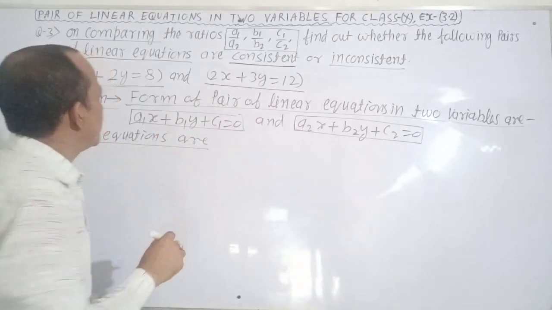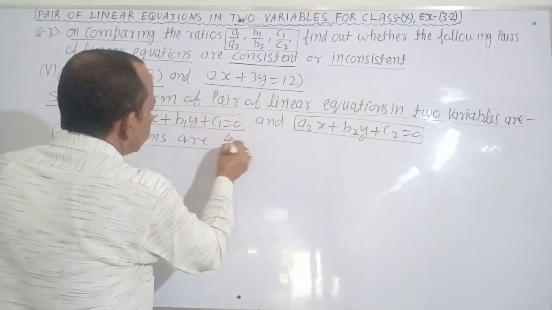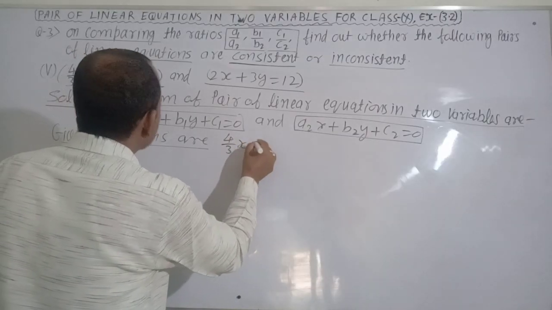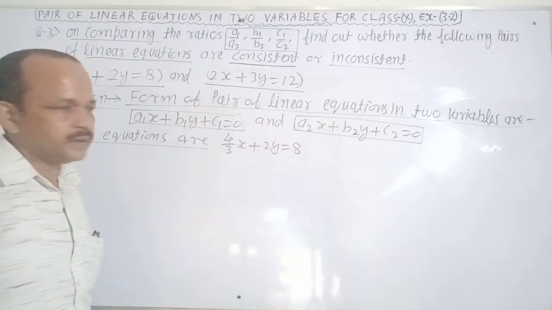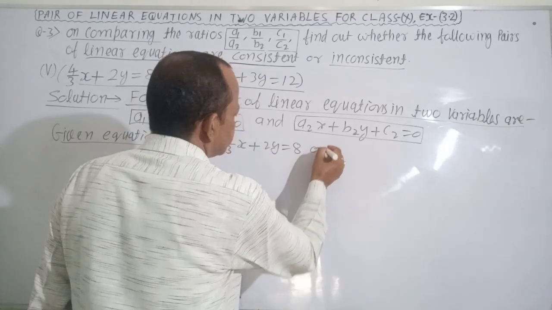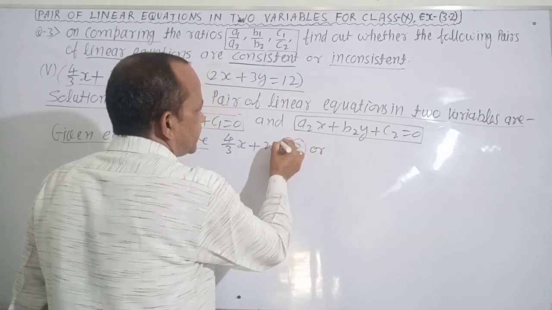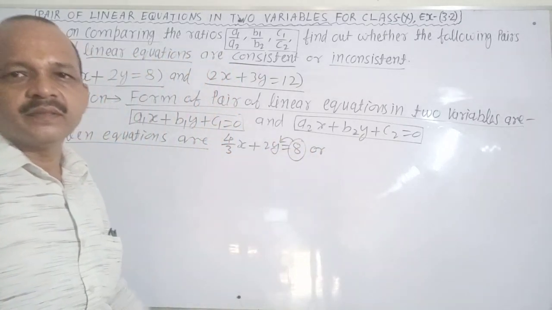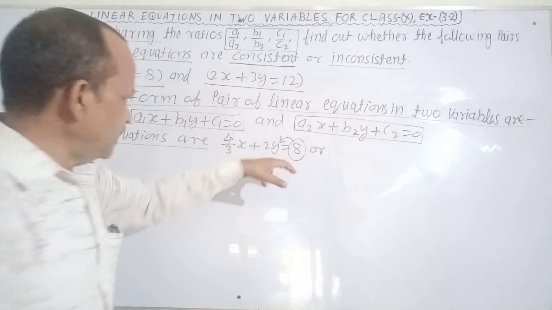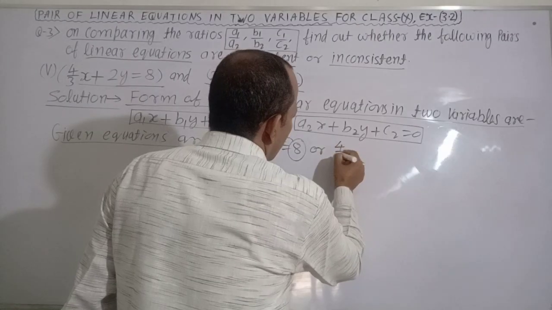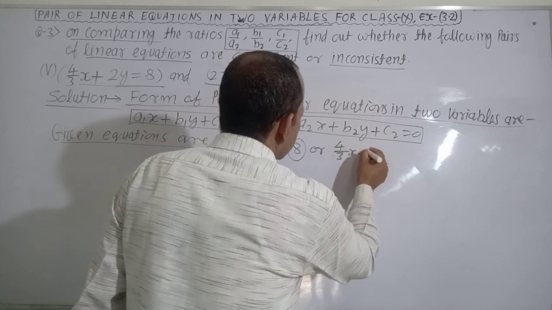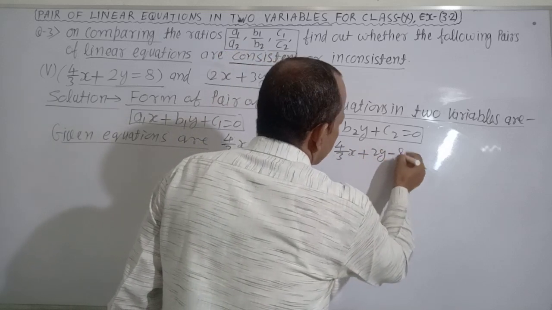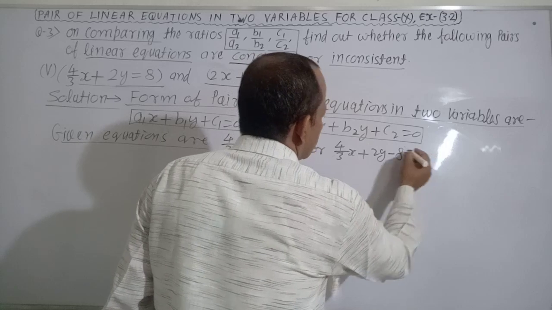Given equations are 4 by 3x plus 2y equal to 8. You can write 8 on the left side of equal. It becomes 4 by 3x plus 2y minus 8 equal to 0.